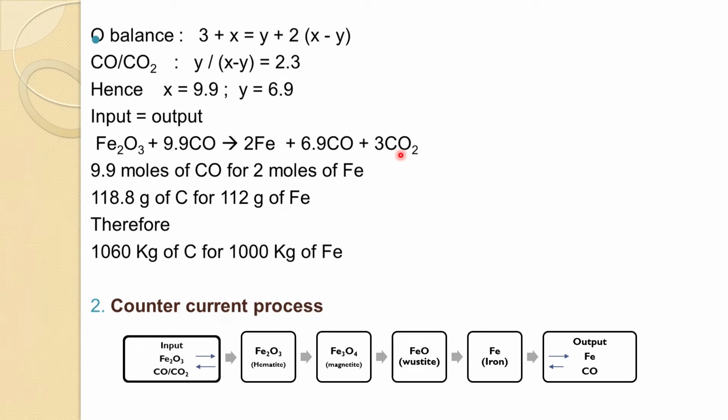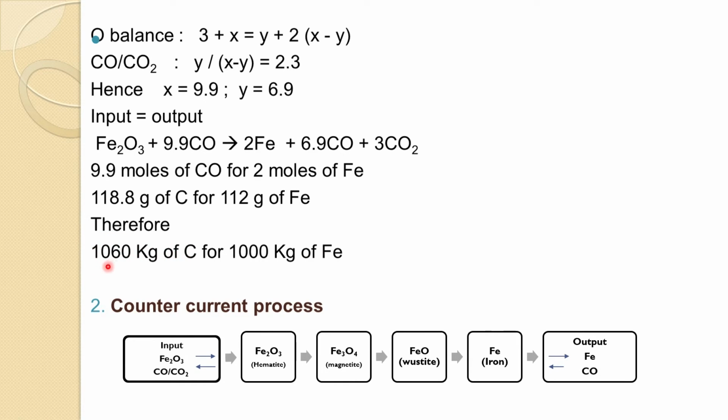So, 9.9 moles of CO for 2 moles of iron, which means almost 118.8 gram of carbon for 112 gram of iron. So, which is about 1060 kg of carbon for 1000 kg of iron. So, you need this much, not actually this much coke.